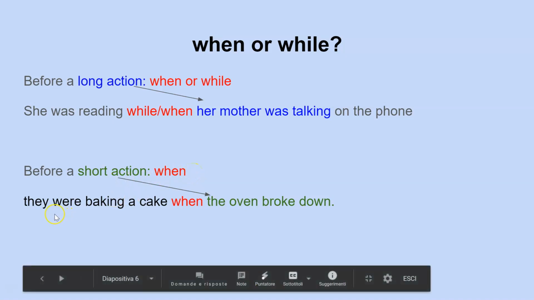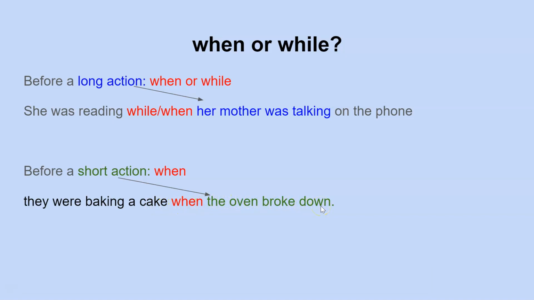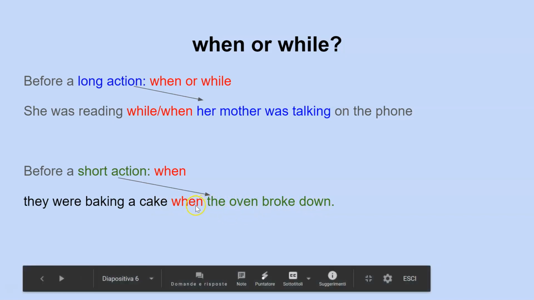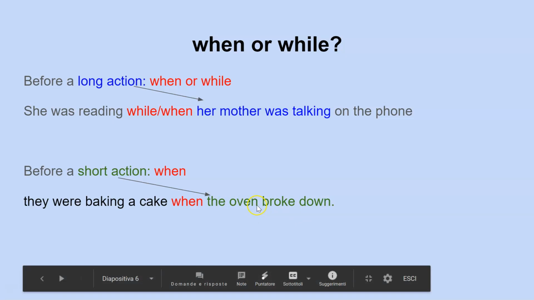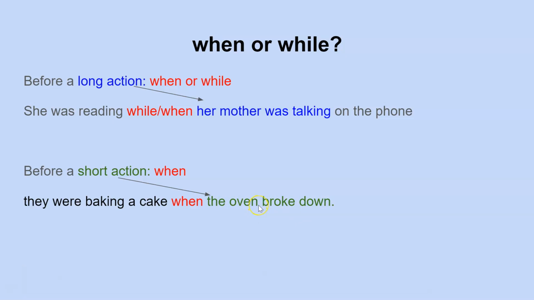So I have to say, they were baking a cake when the oven broke down. I cannot say while, because the following action is a short action, because it is in the simple past. Broke down. Il forno si ruppe.